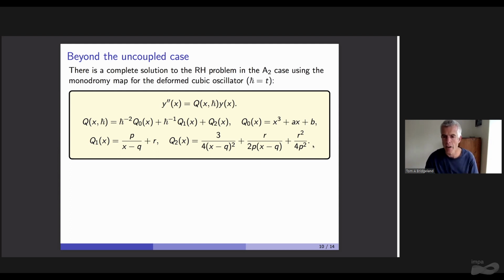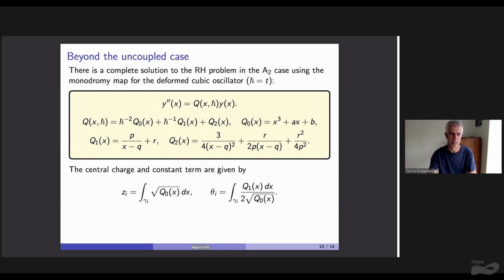If you set r equals 0 in this, this exactly is what appears in the Painlevé literature. Probably goes back 100 years or something. And there is some small extra story. It's good to put this r in. But anyway, by studying the monodromy map for this differential equation, we were able to give a complete description of the solution to the Riemann-Hilbert problem in the A2 case.